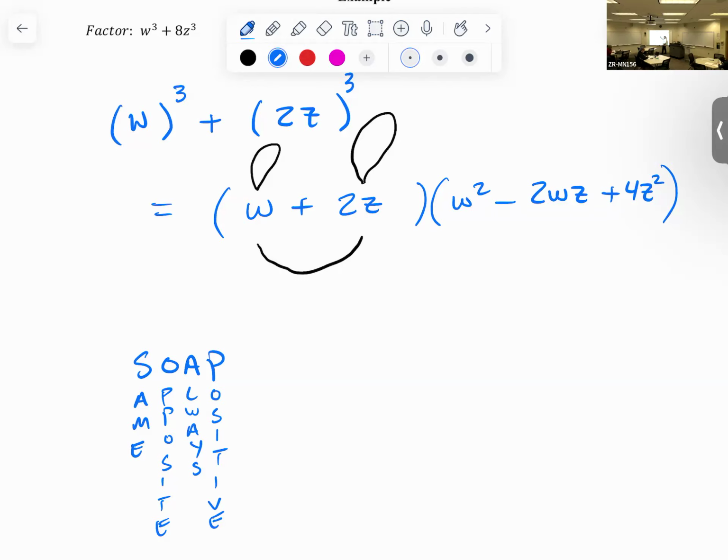I lost you where you time it by itself. That's what the ear is. So the first one, W times W, this is the same thing. This one just has 2Z instead of just Z. Gotcha. So it's just 2Z times 2Z, 4Z squared. So the 2 ears is the first and the last term, which is just timesing by itself.